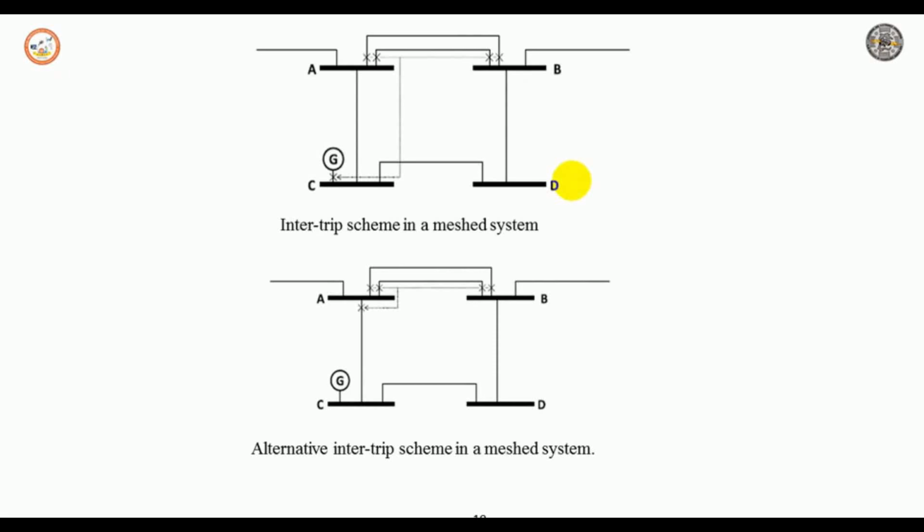Here the generation connected to bus C could limit the power flow through C and D, which remains the flow of connection between C and D as our input parameter.